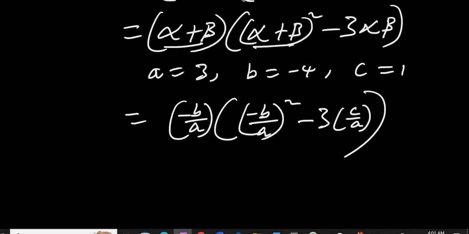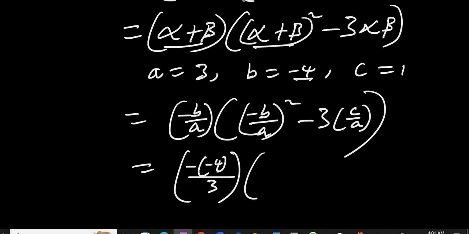So let's just plug in these values. So negative b, and this is the value of b, negative 4, over a, which is 3, negative, okay, let this negative come first, over 3.